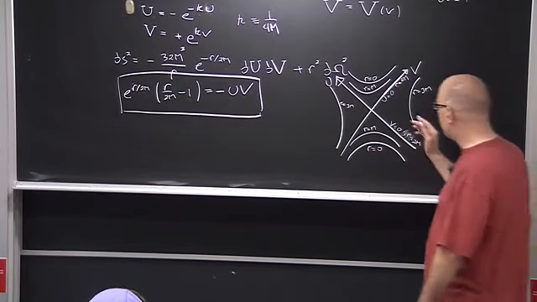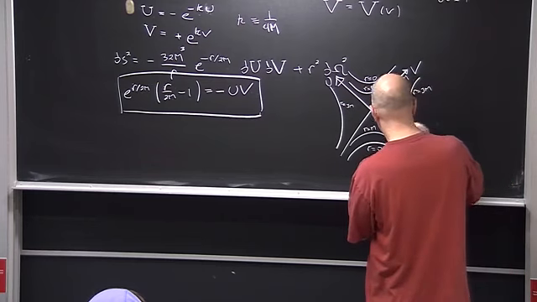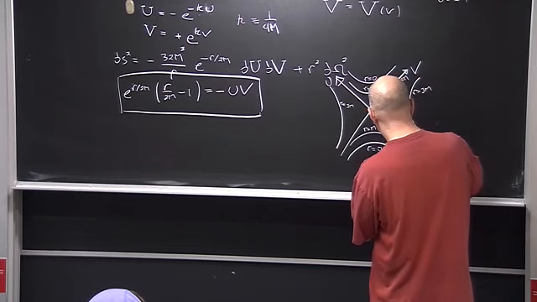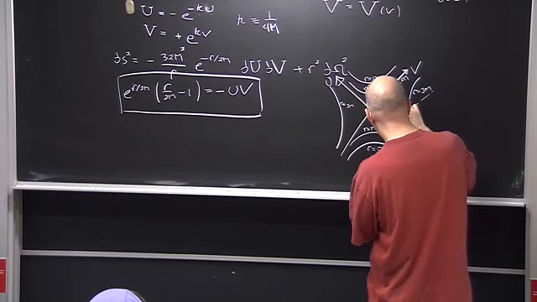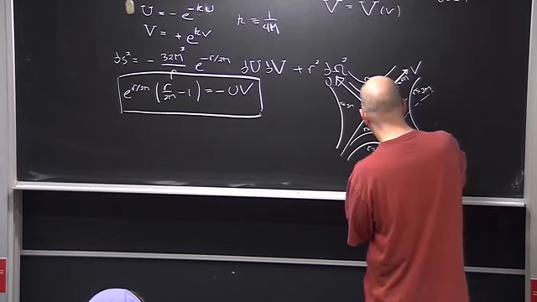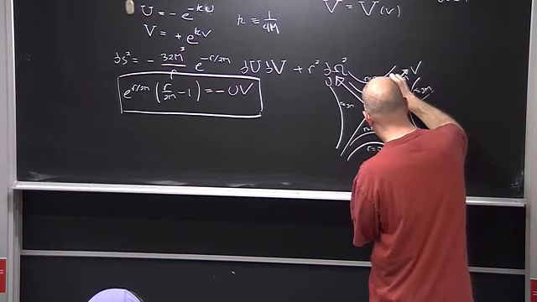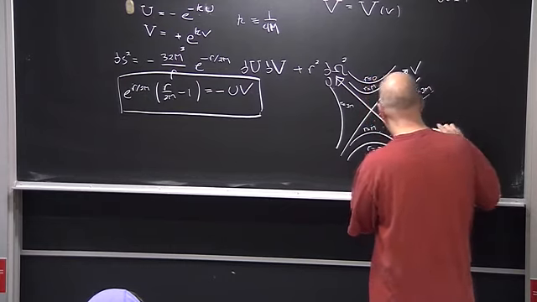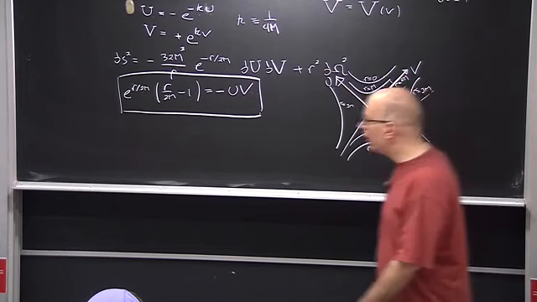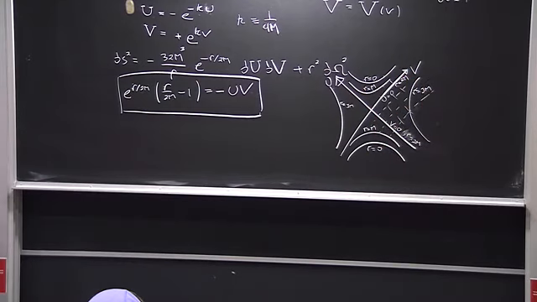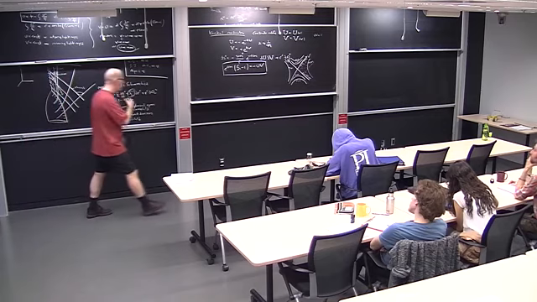In this construction, those are all outgoing light rays that are characterized by U equal constant. Those are all incoming light rays that are characterized by V equal constant. Before, we had an accumulation of outgoing light rays at the event horizon, and we can continue beyond that.